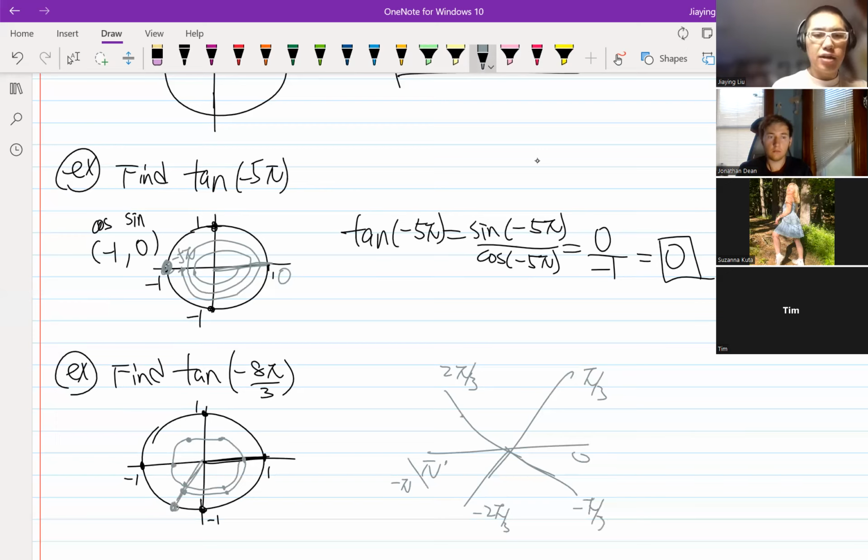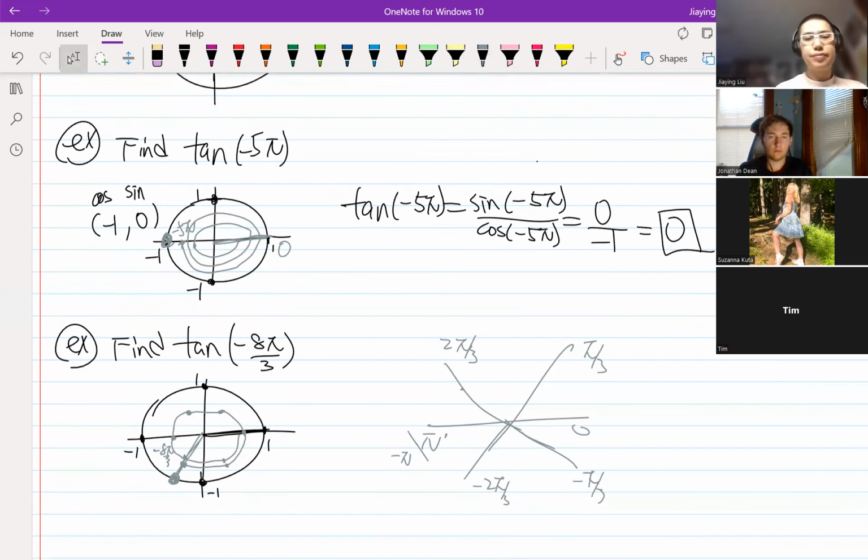So the angle is negative 8 pi over 3, and this point on the unit circle corresponds to the terminal side of the angle. Okay, good.